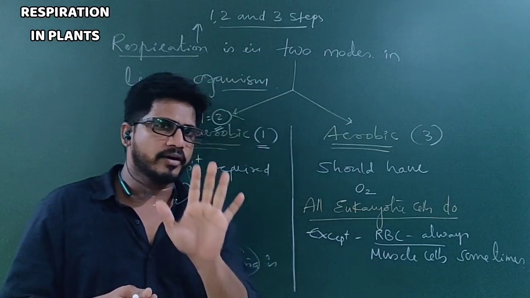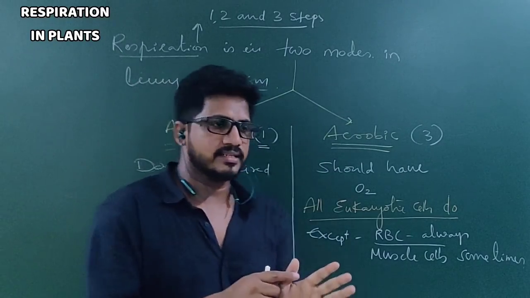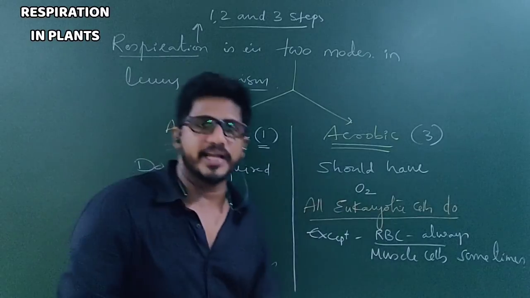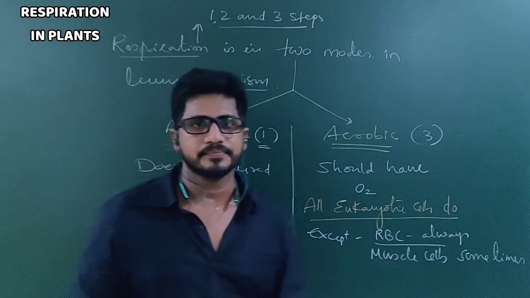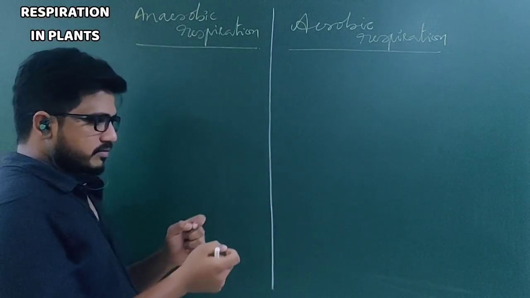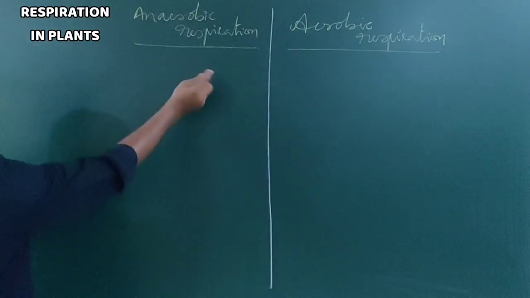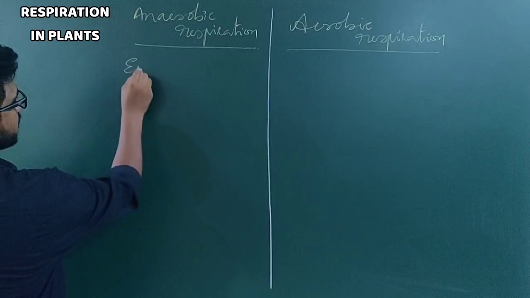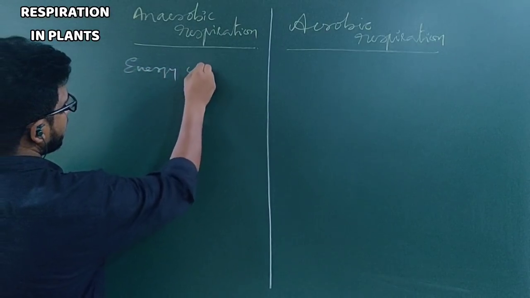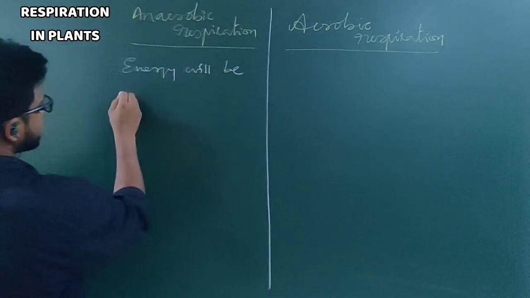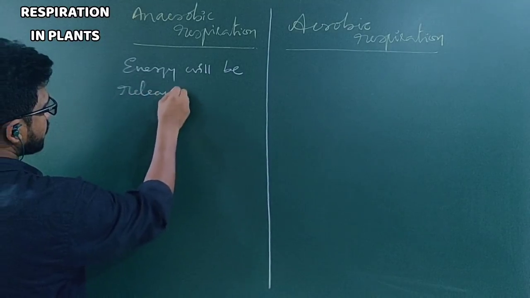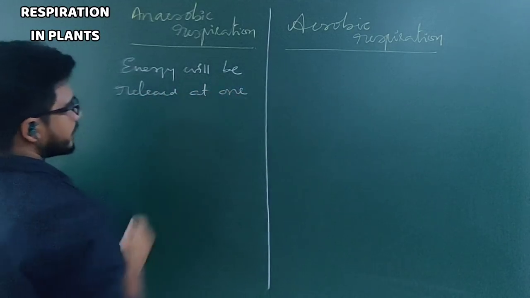Let us see 5 important basic differences between anaerobe and aerobe, and let us complete the class today. The differences just discussed are exceptional here. In anaerobic respiration, energy is released at once. Why?